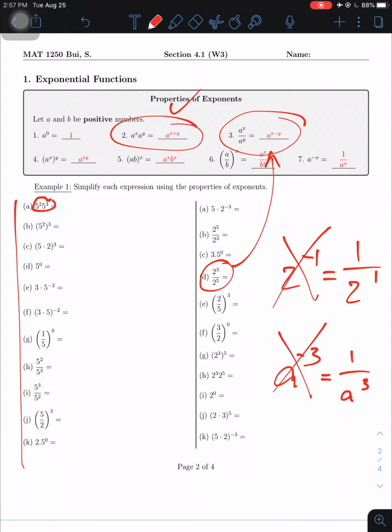For part B in here, the bases are the same as each other, but you have a different exponent on the top and a different exponent on the bottom of the fraction. Okay, so for my example, to show some work, first of all, I'm going to do 5 to the 2 plus 3, which is 5 to the 5th power, and if you put this into the calculator, you will get 3125.